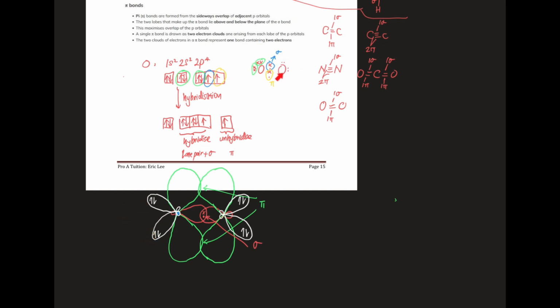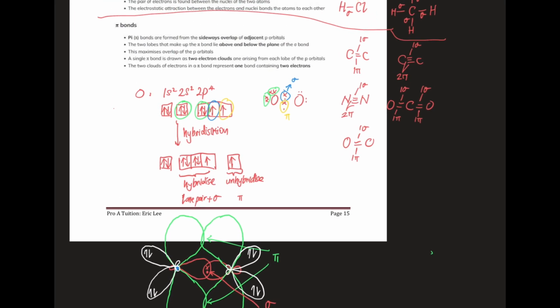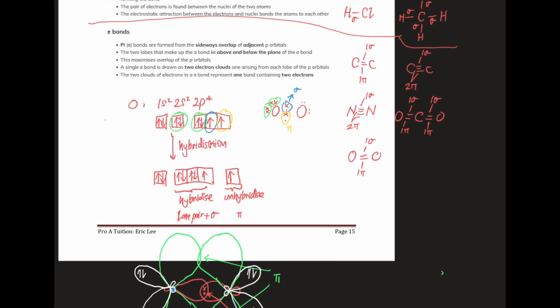This oxygen atom is the same also: one sigma, one pi, two lone pairs. The nucleus is here, the sigma bond, the pi bond is up and down, the lone pairs are here. Quite complicated, I guess, when you look at this.